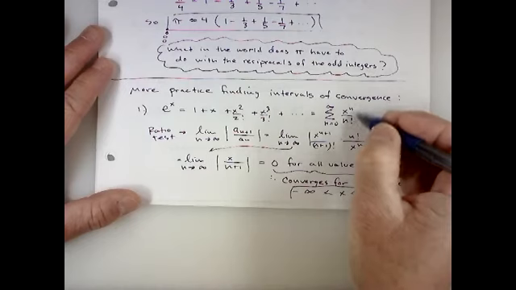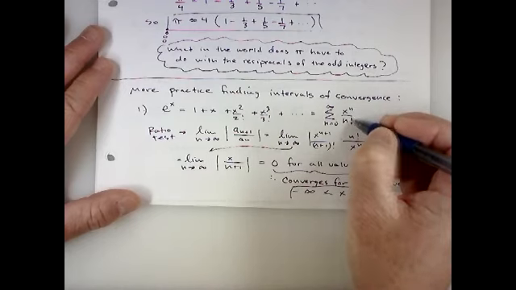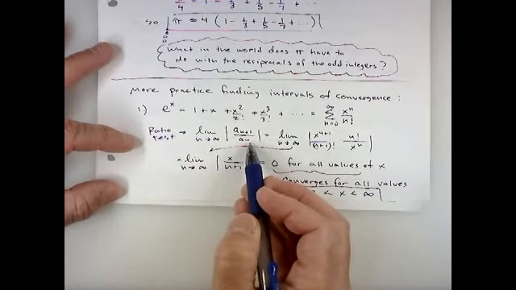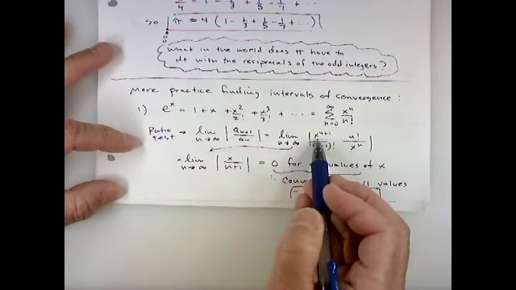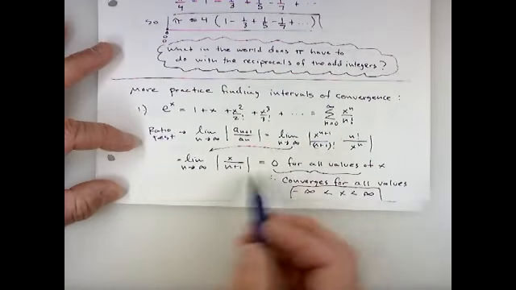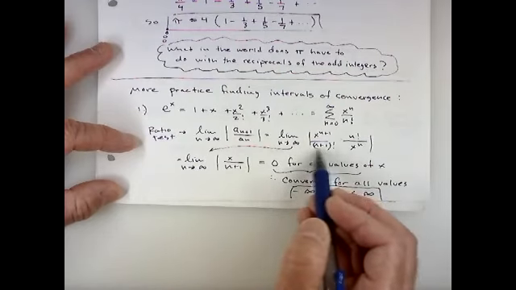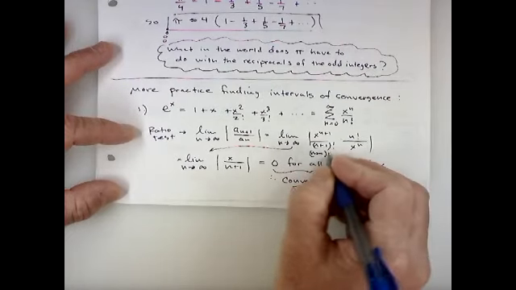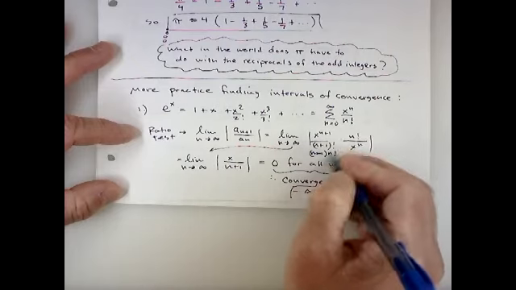So what test would I use? It's got a factorial. Ratio test would be the best test. So you've seen this. We'll do a sub n plus 1 times the reciprocal. Remember, the n plus 1 factorial is really n plus 1 times n factorial, so the n factorials cancel.